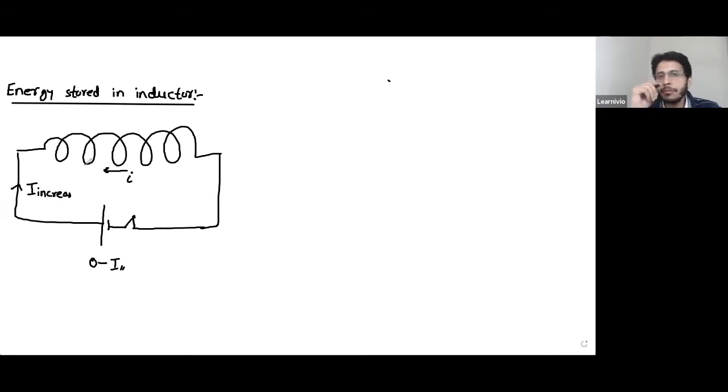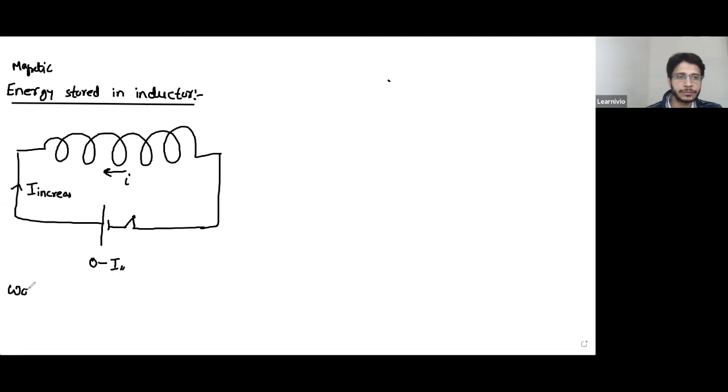And the work done by the cell in storing some current I in the circuit gets stored in the inductor in the form of potential energy, which is basically the energy stored in the inductor. This energy is magnetic in nature.